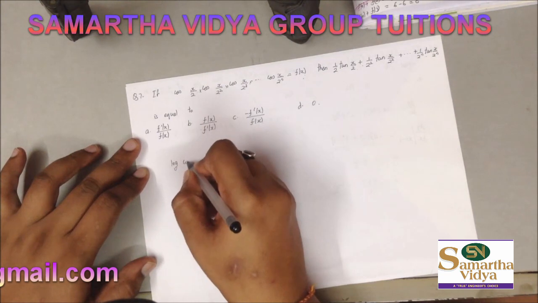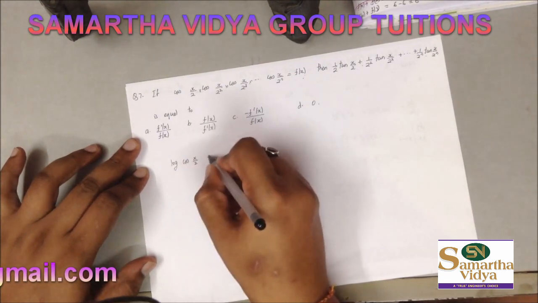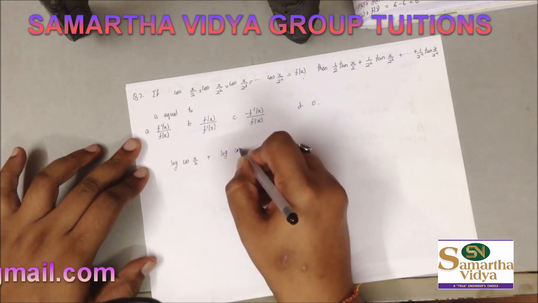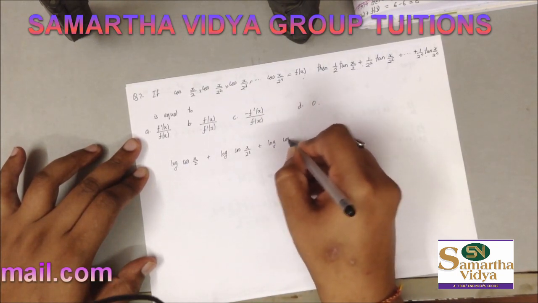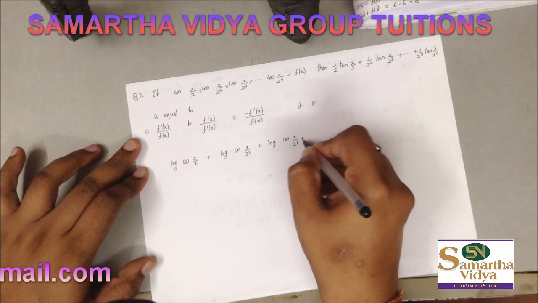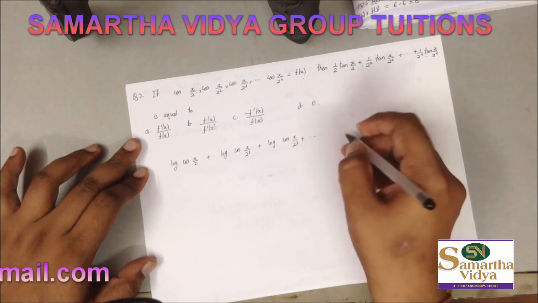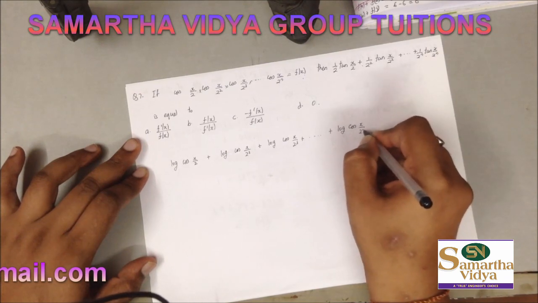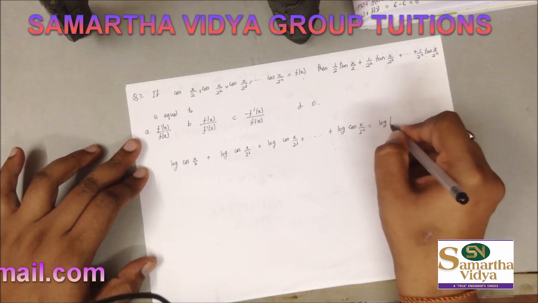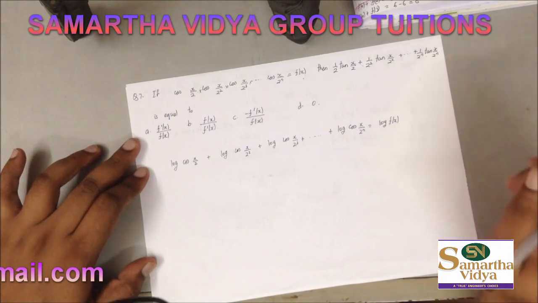So we have log cos x by 2 plus log cos x by 2 square plus log cos x by 2 cube plus plus log cos x by 2 raised to n is equal to log f of x. So this is what we are getting.